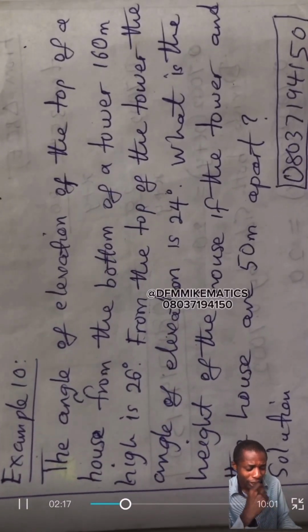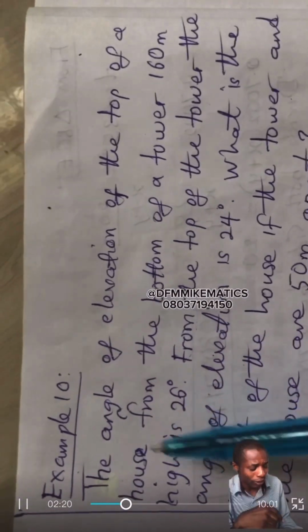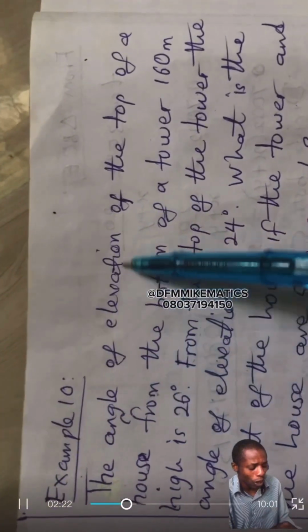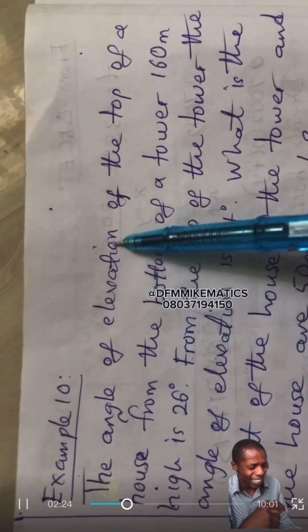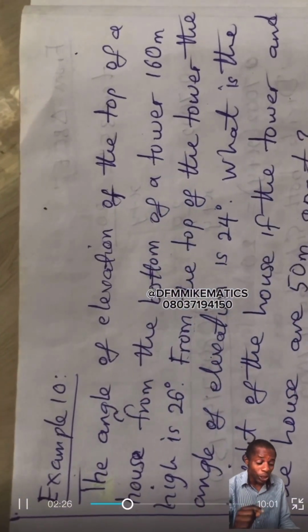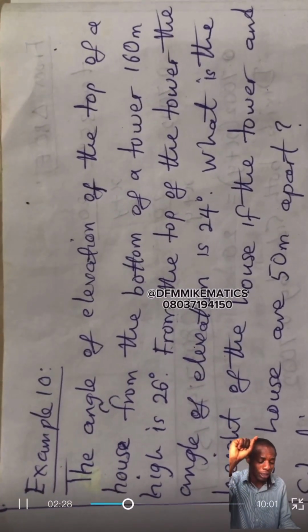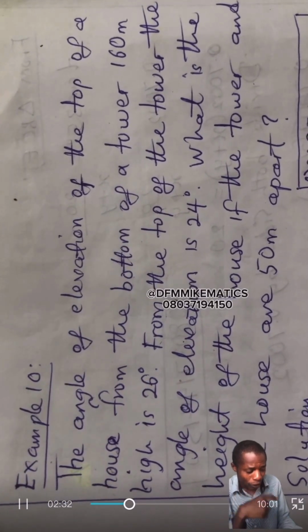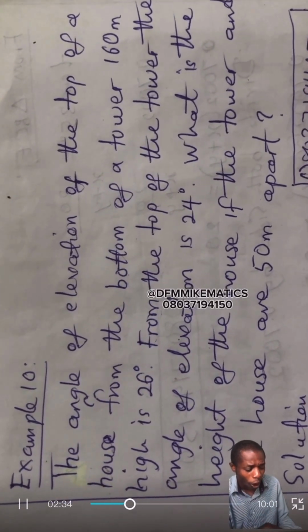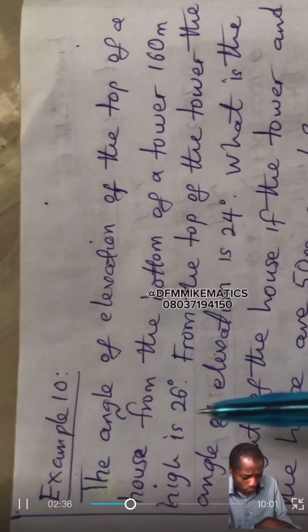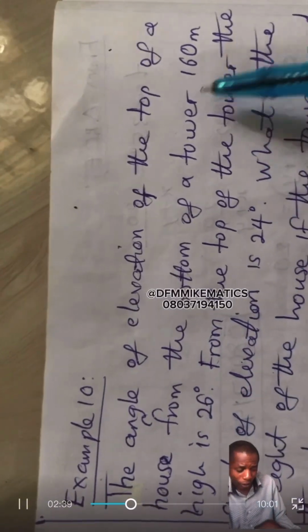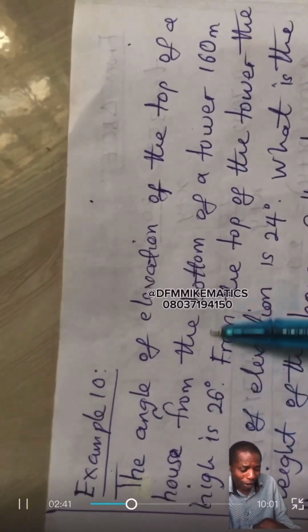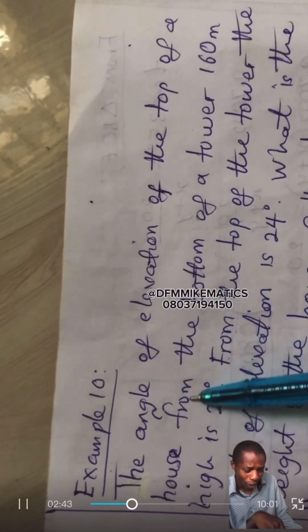Now look at it. They said the angle of elevation. And don't forget what I said about angle of elevation: there is an observer looking up to an object that is far above his eye level. Here they said the angle of elevation of the top of a house from the bottom of the tower.